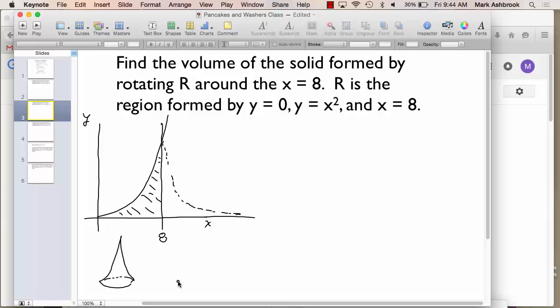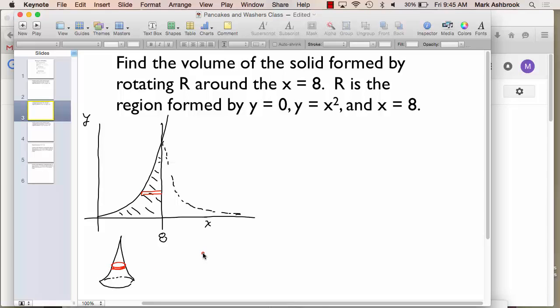Really tall and narrow from the base to the tip, to the point. Okay, so if we're rotating about x equals 8, then this time our strip will be a delta y strip. And when we rotate about x equals 8, we're going to get horizontal pancakes.